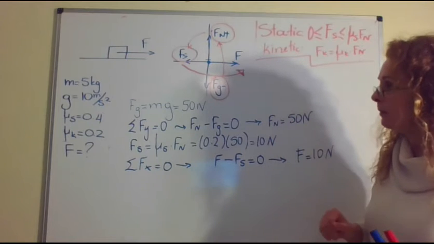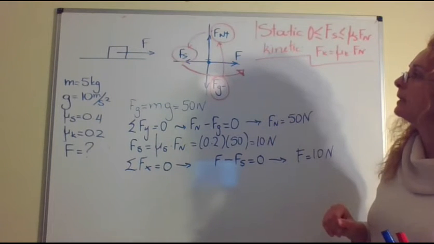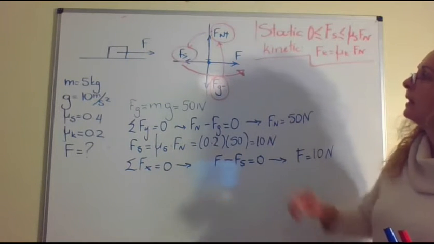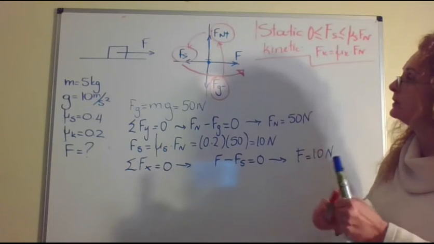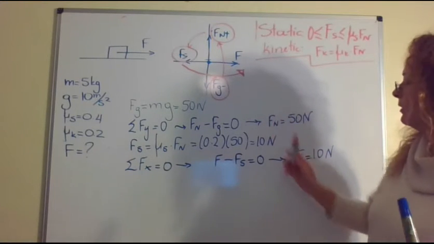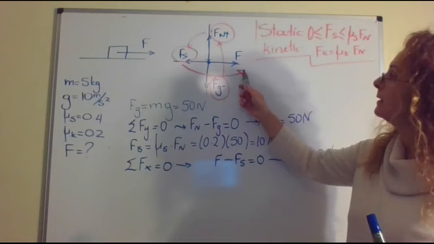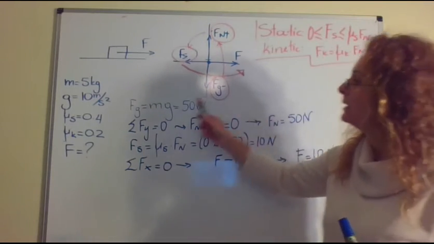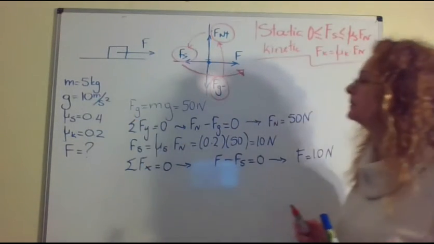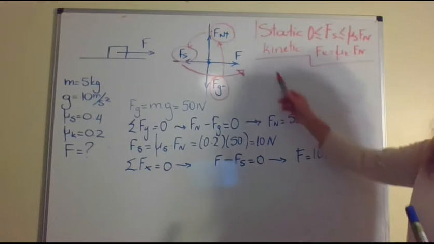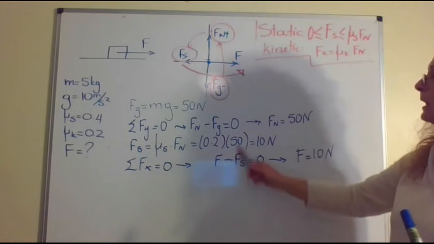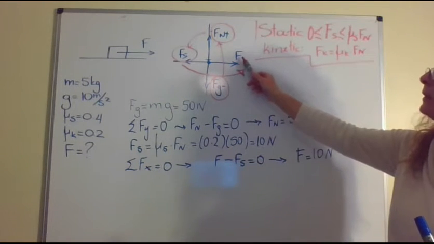Now, the same problem could be given in exactly the opposite way. They could give me the force and say, all right, I'm giving you that the force is 10, and find what my mass is. So in that case, I would start from the fact that my force is 10 newtons.